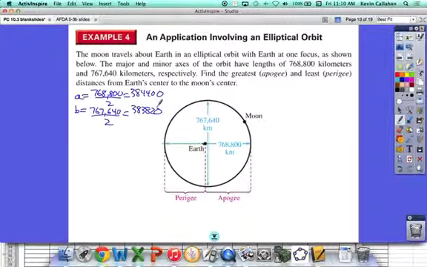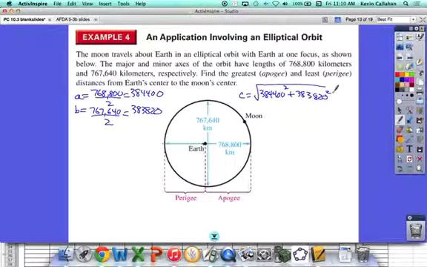Okay. Now, in order to know the C, we've got an equation for that, right? A squared equals B squared plus C squared. So C is going to be, and I'm just going to do this in one fell swoop, C equals the square root of 384,400 squared plus 383,820 squared.